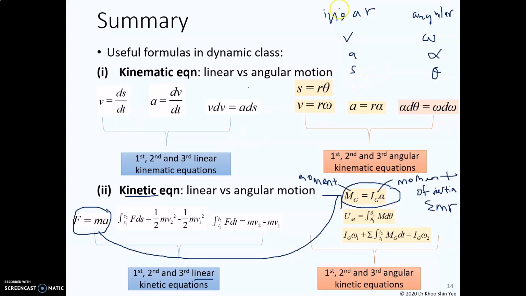So you see that in linear motion we have force, in angular motion we have the moment that causes rotation, and for a mass m in linear motion, m is the inertia, and you have I in the angular motion.